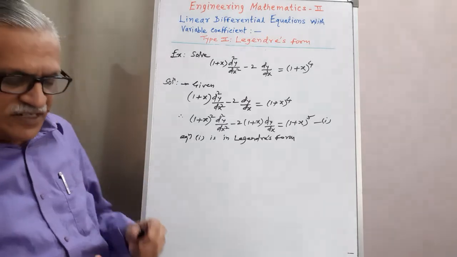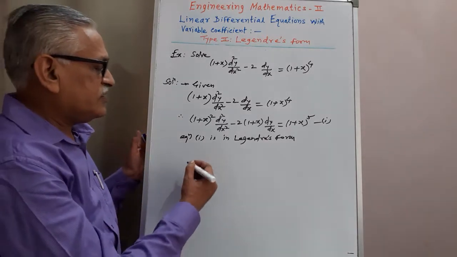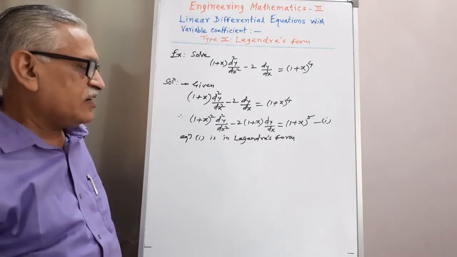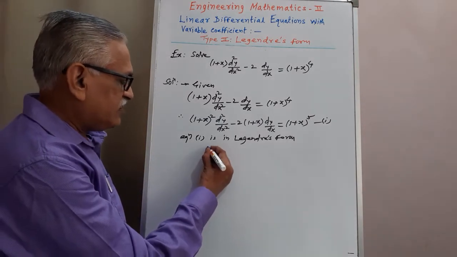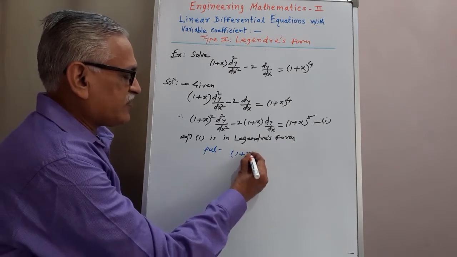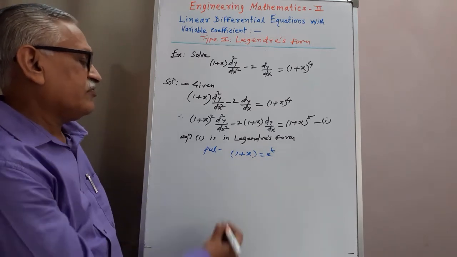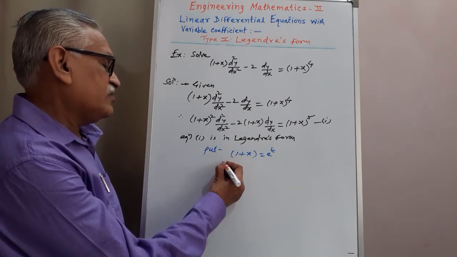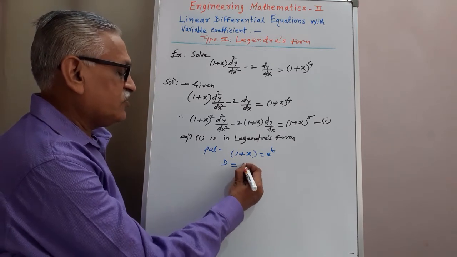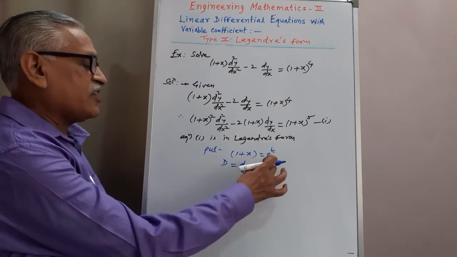As it is in Legendre's form, we use the standard substitution to convert it into a differential equation with constant coefficients. Therefore, put 1 + x = e^t, using D as the operator d/dt.